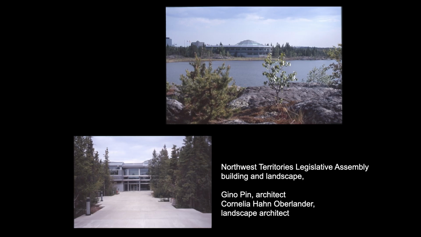The North presents special environmental challenges, and these are becoming more urgent as the impacts of climate change are amplified at higher latitudes. The landscape design for the new Northwest Territories Legislative Building in Yellowknife by Cornelia Hahn Oberlander developed strategies to deal with melting permafrost and other serious issues.